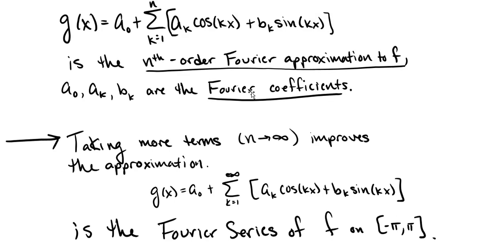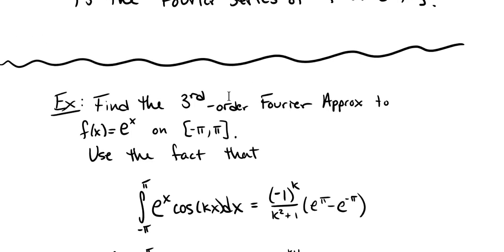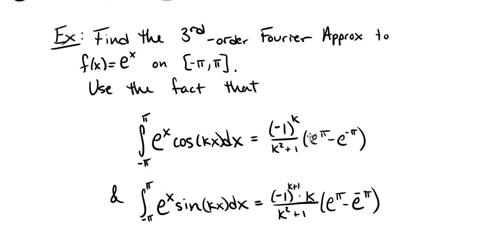I want to do a very nicely cooked up little example. Let's find the third order Fourier approximation to the function f of x equals e to the x on the interval from negative pi to pi. And I'm going to give us a little head start here and use the fact that the integral from negative pi to pi of e to the x cosine kx dx is given by this formula.